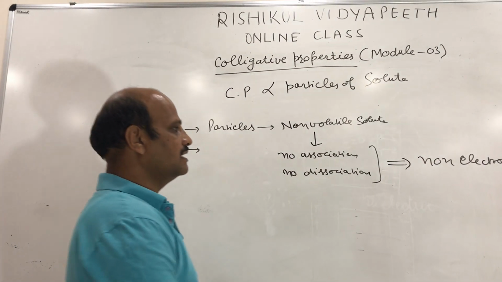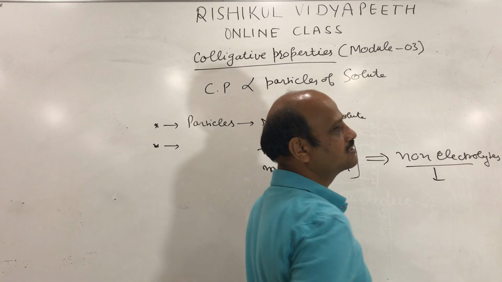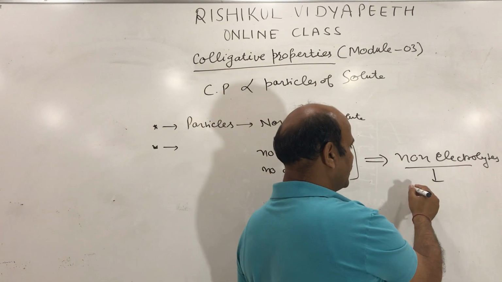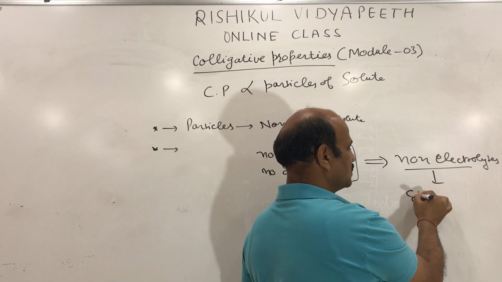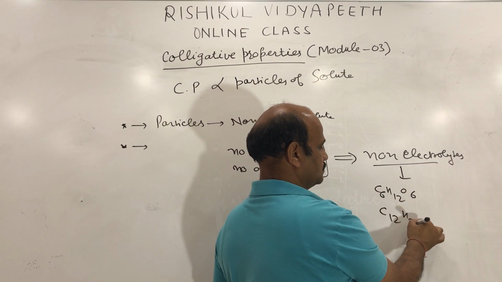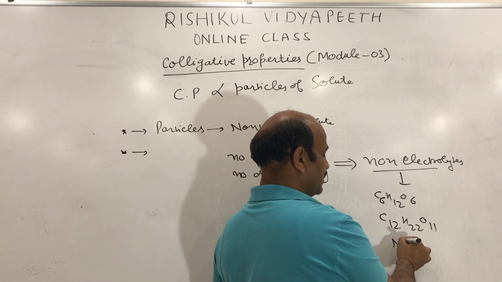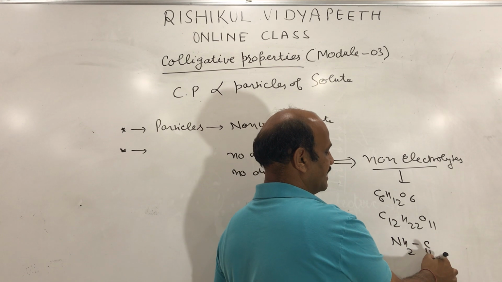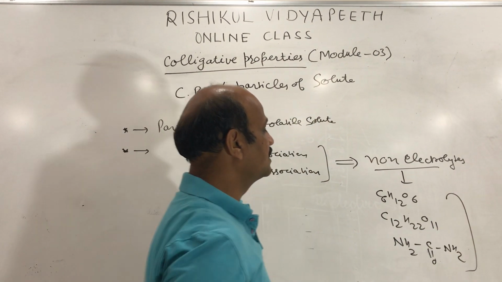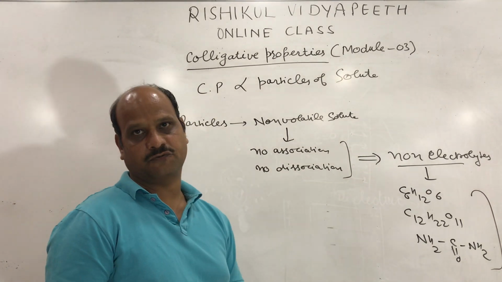We will take examples of carbohydrates, that may be glucose, sucrose, or urea. Such kinds of substances we will take in the first phase.